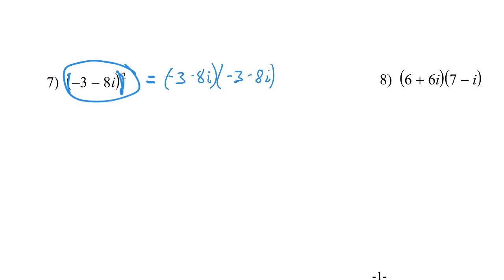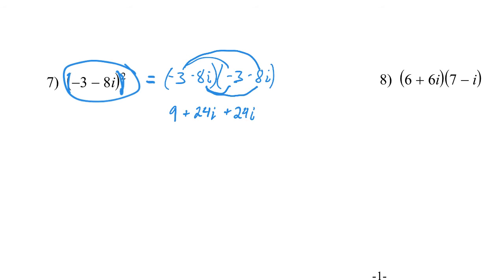So I'm going to multiply those two binomials together, and to do that, you distribute. So -3 times -3 is going to be a positive 9. -3 times -8i is going to be a positive 8 times 3 is 24. Keep the i. Then we have this -8i times -3 gives you another positive 24i.